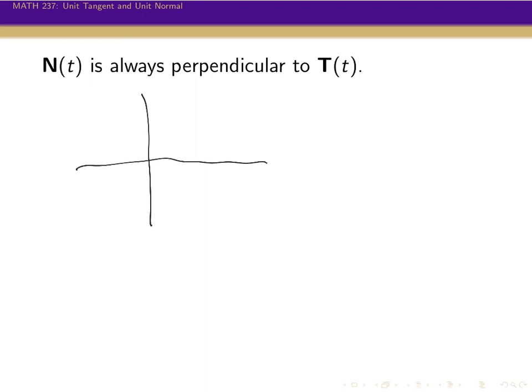Right? And so we talked about the unit tangent vector as being like a compass pointing on the unit circle. And so there's T of t. Well, it's always going to stay on this circle, right? So if time changes a little bit, it's just going to move to some other vector on the unit circle close to it, something like that.